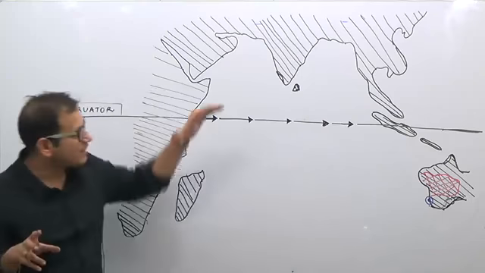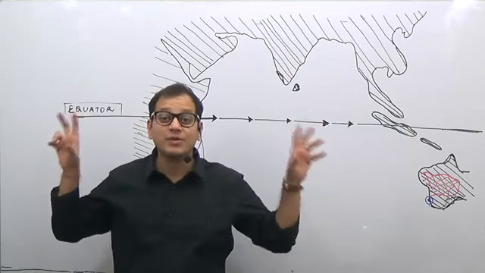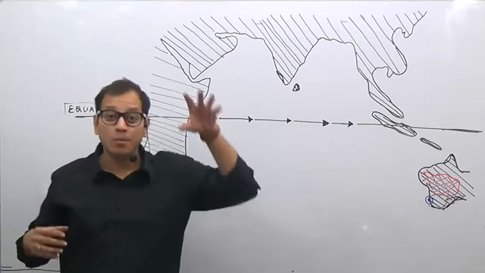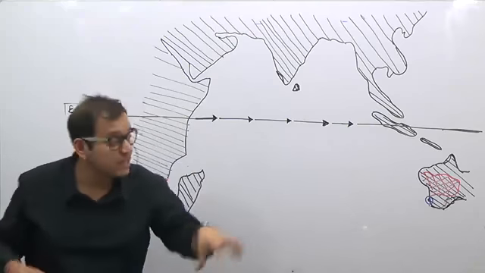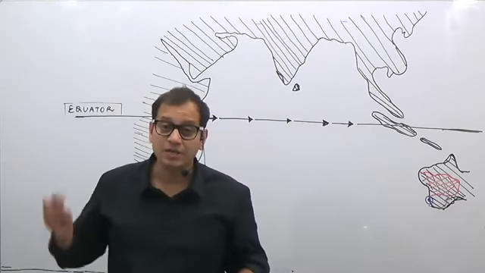That means the northern part of the Indian Ocean is enclosed from all sides, surrounded by landmass. Because it is surrounded by landmass, the monsoon winds and the landmass have a major effect on the currents generated in the Indian Ocean system.